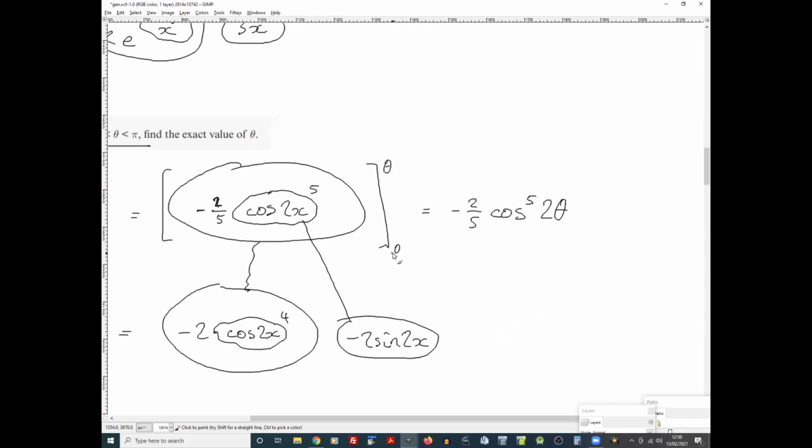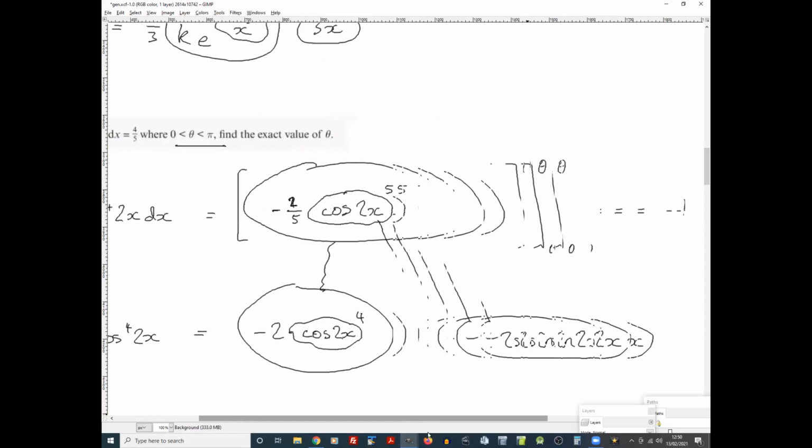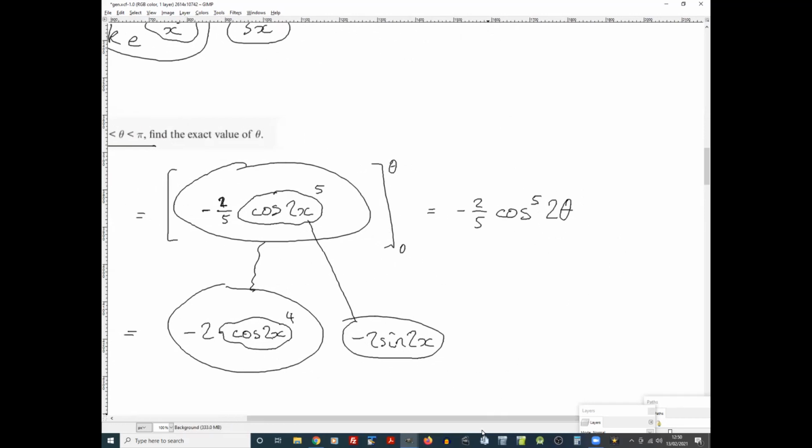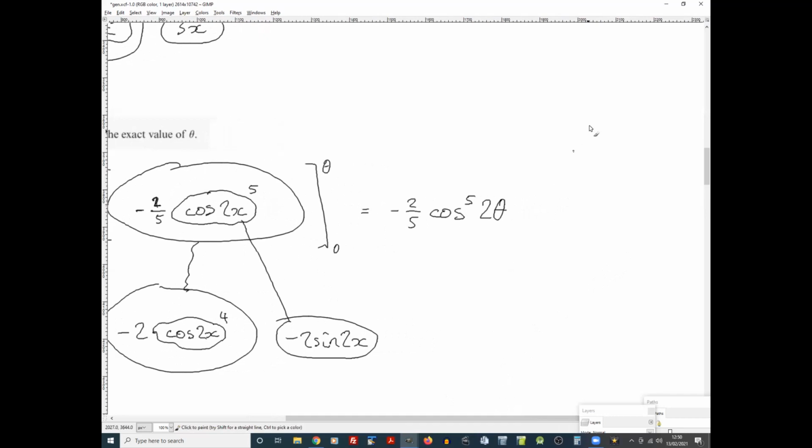Oh, the second one. What is cos of 0? Oh, I've got 0 on top for some reason. I just wrote it out wrong. Okay. So minus 2/5 cos 2 theta. Well, don't forget power 5 of cos. Oh yeah. Two theta, all minus.